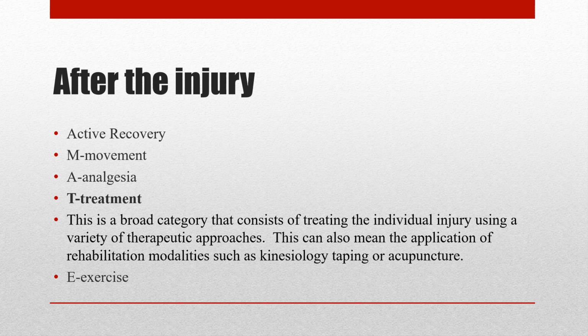Treatment after an injury is going to be very specific to the injury. And this can be anything from taping to acupuncture to physical therapy. A lot of times we'll see after a mild injury, we may do something like a compression sleeve, like a knee brace.